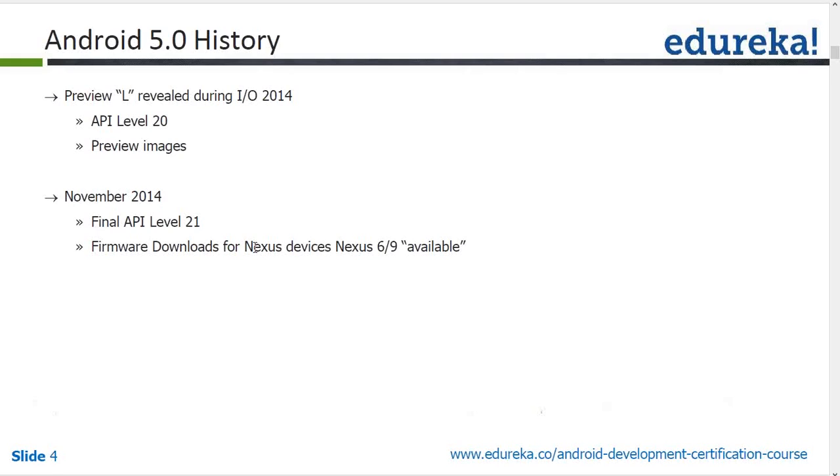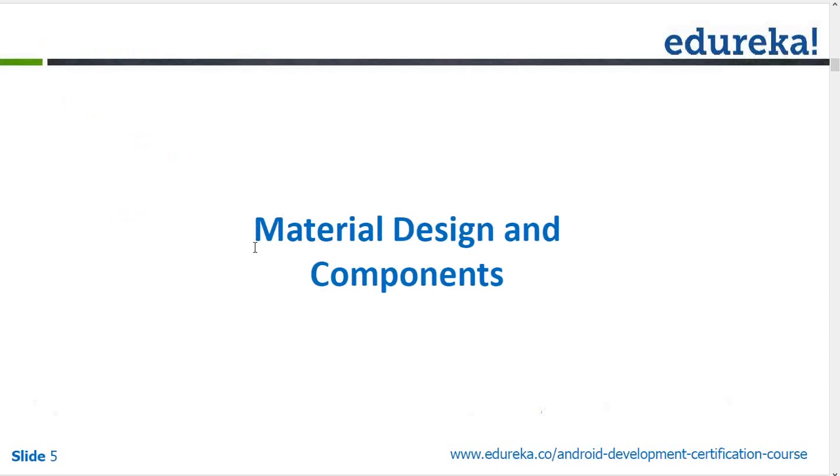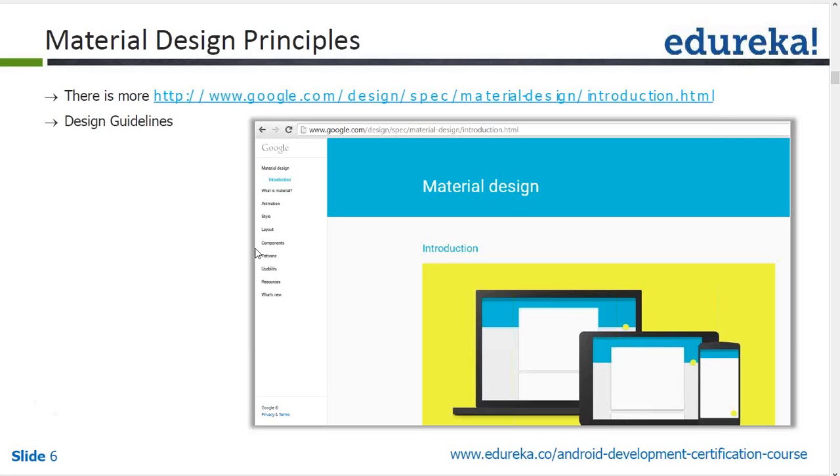Now I would say Android Lollipop is present on most devices. Still, some devices haven't received the Lollipop update, but most of the devices have got it. So when I say material design, what is meant by that? If you see the latest Android applications, you would see they have a card-like UI.